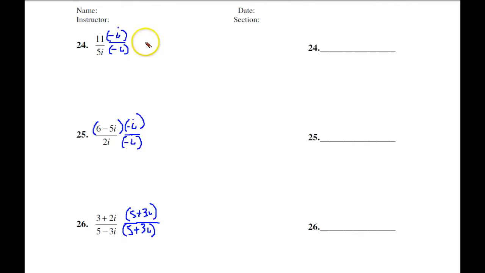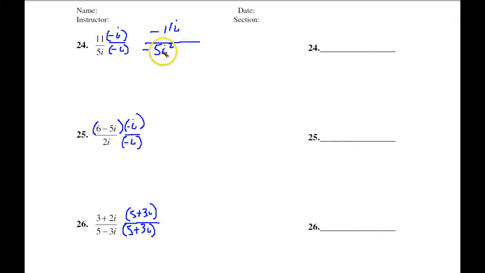So here, this then becomes a negative 5, i squared. And my numerator becomes a negative 11i.